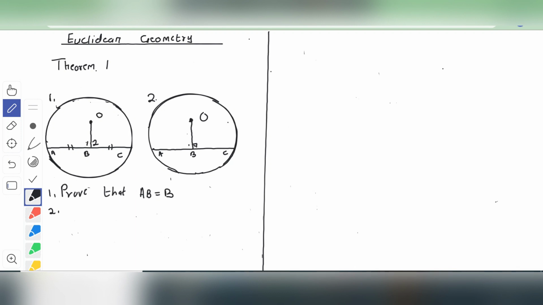The second one can be: prove that angle OPC is equal to angle OPA, right? So remember it's ABC.